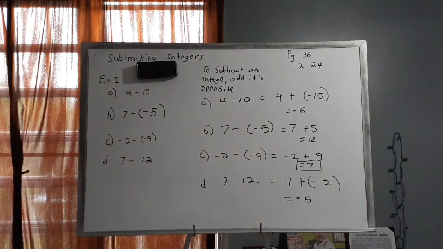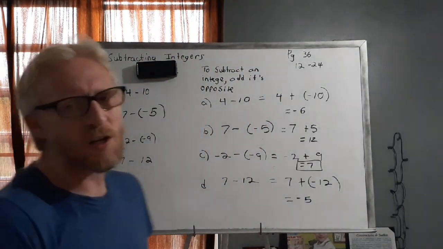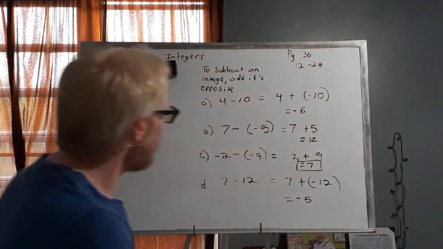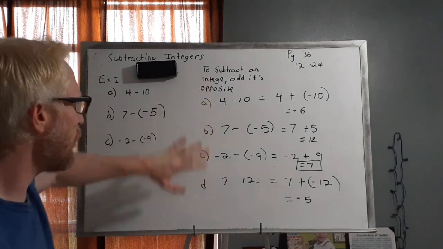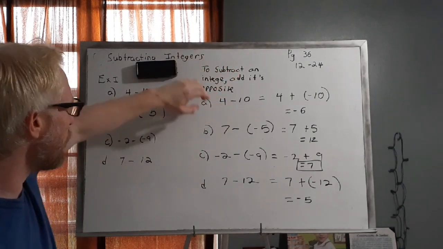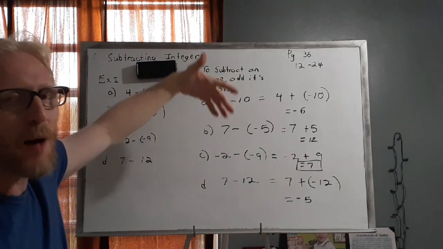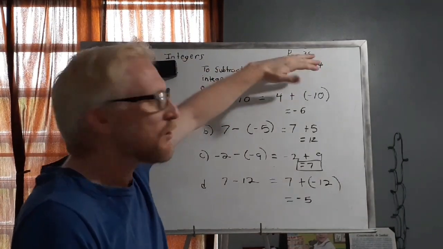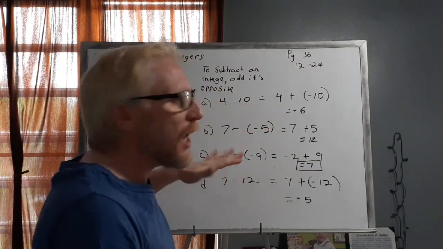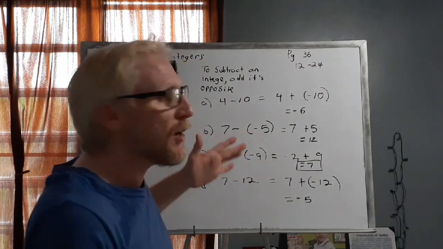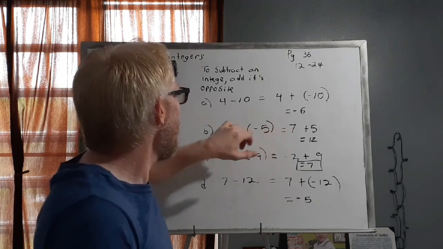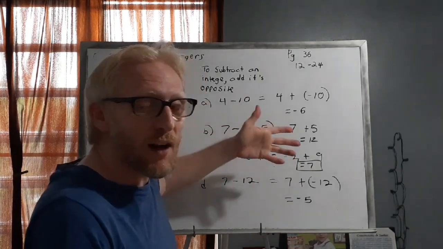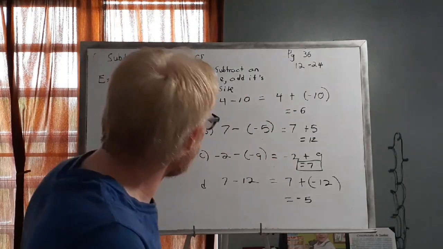So, ladies and gentlemen, whenever we're subtracting integers, we're adding the opposite. In this example here, you can see what I did. 4 minus 10, if I add the opposite of 10, would be 4 plus negative 10, and 4 plus negative 10 is negative 6. For 7 minus negative 5, we add the opposite: the 7 stays, instead of minus we use plus, and instead of negative 5, positive 5, so 7 plus 5 is 12.